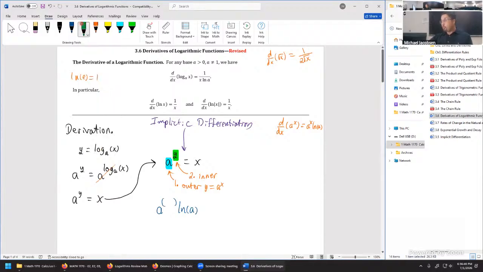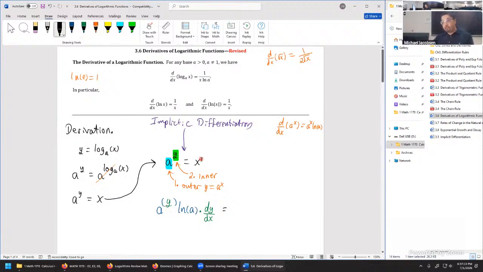Then we have to multiply by the derivative of the inner function. We'll call that times dy dx. So that's the essence of the chain rule. That's the idea of implicit differentiation. And that's what the derivative will look like on the left-hand side, except I put dy dx here. I also have to copy in y in that spot there where the placeholder went.